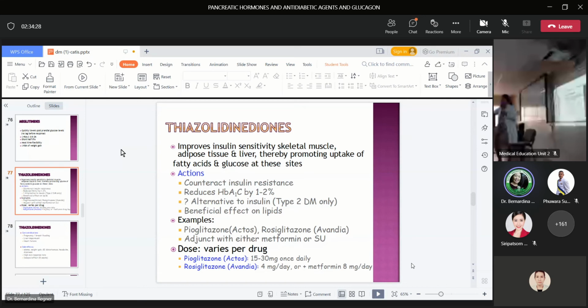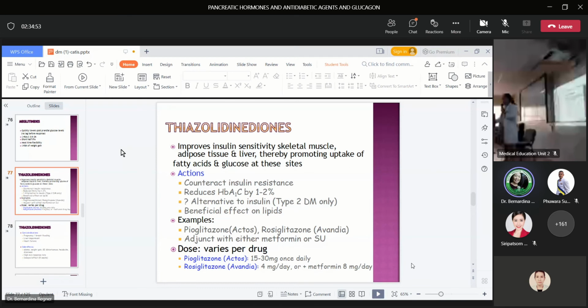So actions: counteract insulin resistance, reduces HbA1c by 1 to 2%, alternative to insulin in type 2 DM only, beneficial effects on the lipids. So it can more or less decrease your bad cholesterol and your triglycerides. Example, pioglitazone, rosiglitazone, or Avandia.